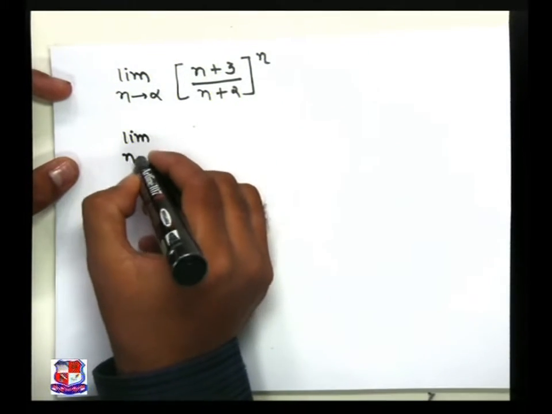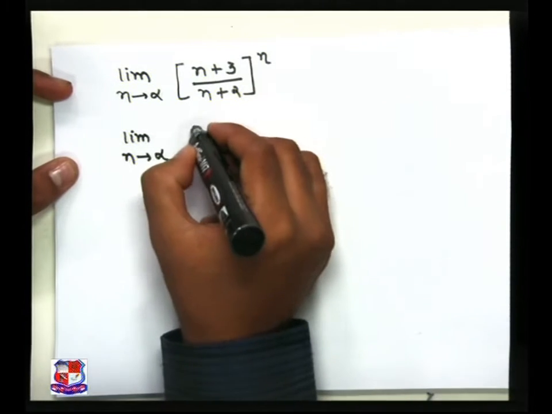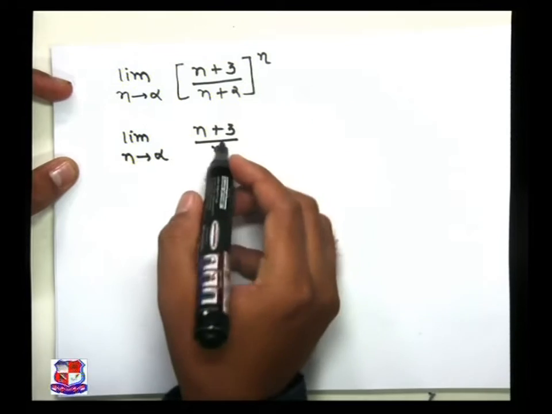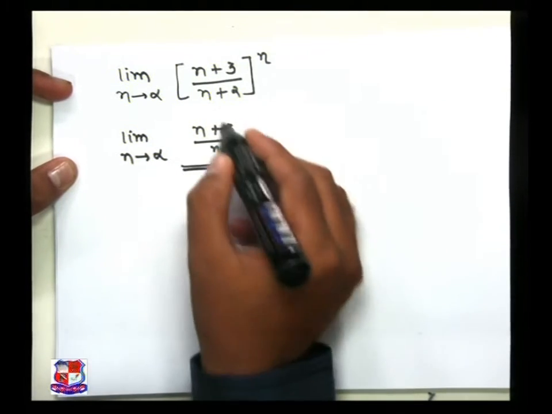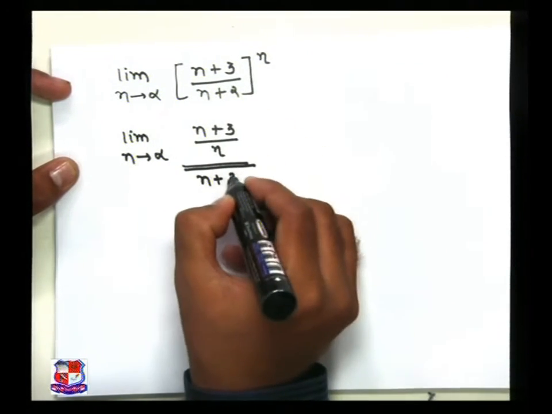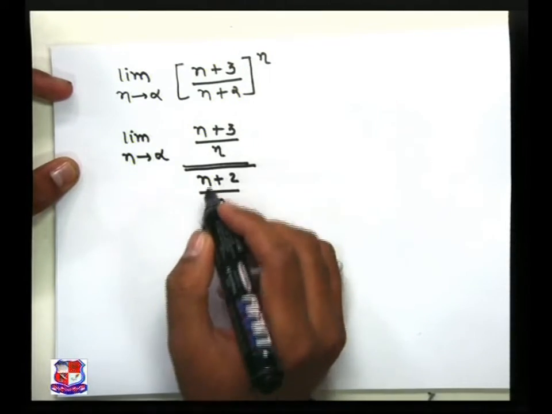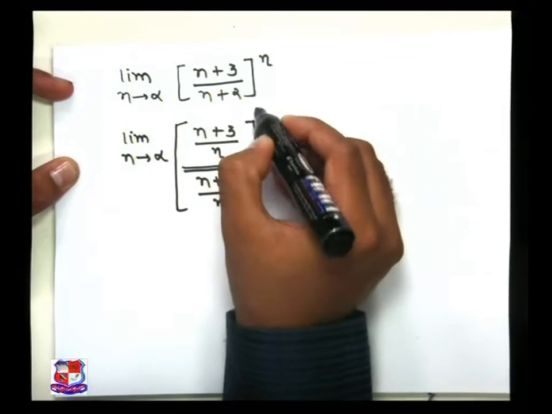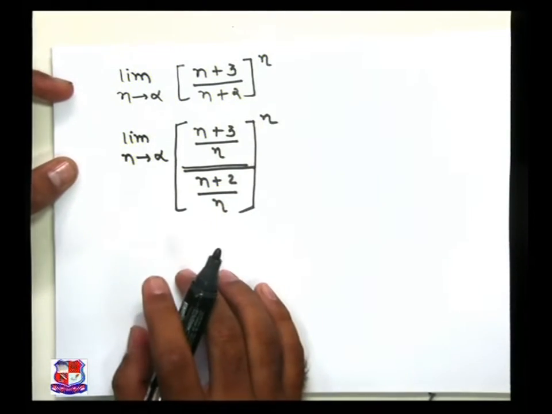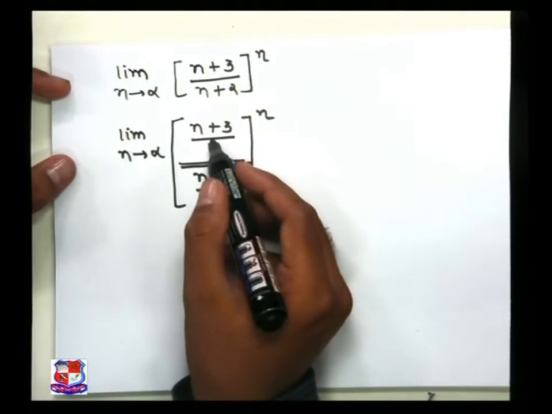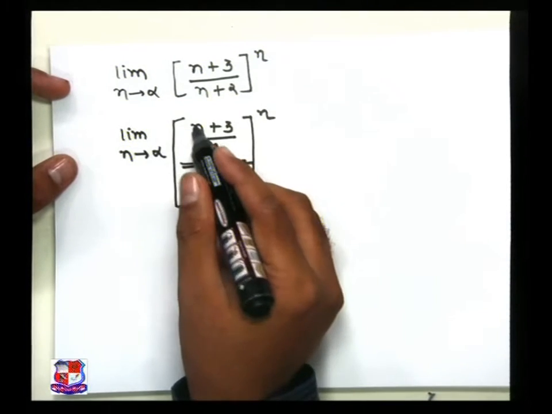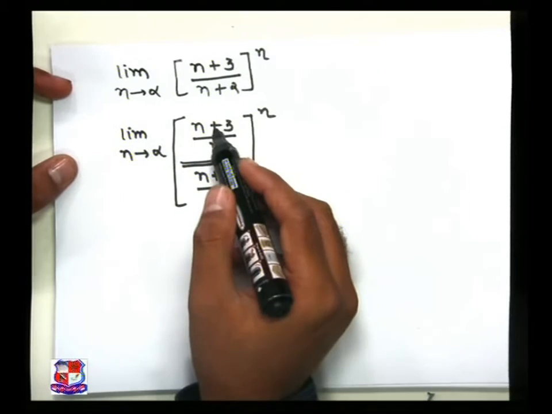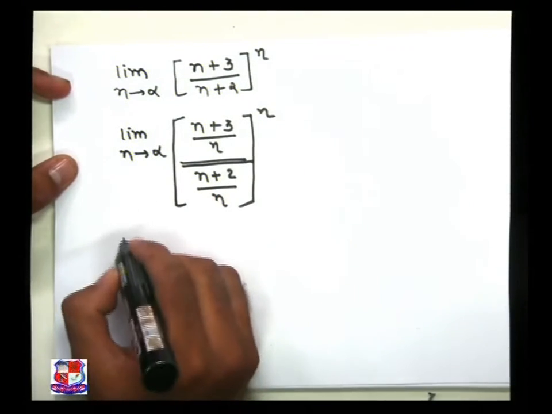Here limit n tends to infinity, (n + 3) divided by n, in the same way (n + 2) divided by n, put the power, that is raised to n. Same procedure, this n goes to both sides. So n divided by n is called 1, plus 3 divided by n.